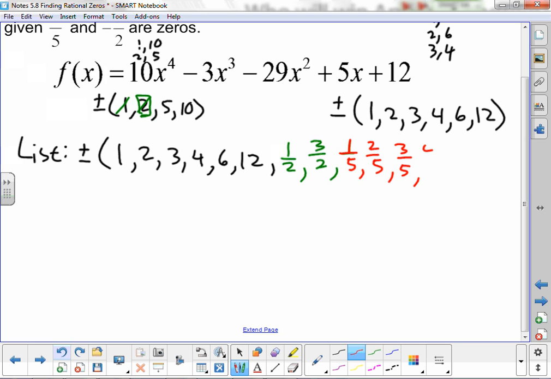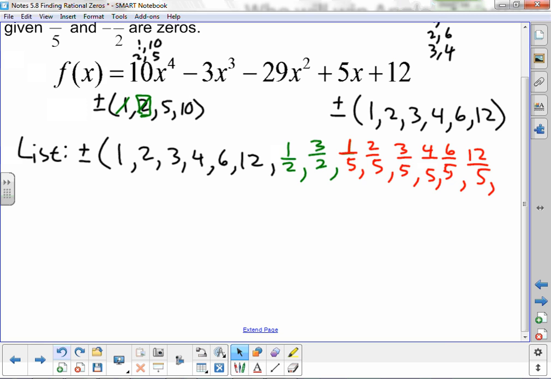Then 4 over 5. 6 over 5 is not on our list. And 12 over 5 is not on our list. So there's not really a pattern here, because as you can see, we actually added on everything over 5, because none of these were divisible by 5, so they all had to go on our list.